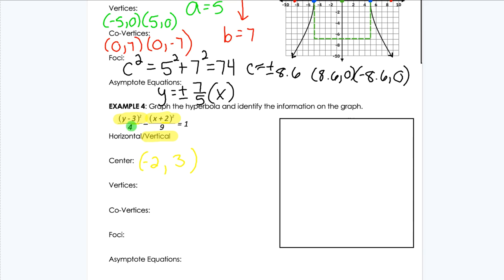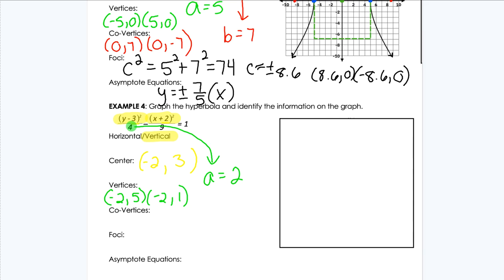To find my vertices, I'm going to use that 4. That 4 tells me that my a distance is going to be 2, because the square root of 4 is 2. And since it's vertically oriented, my vertices are 2 away from the center in the y direction. So they're at negative 2, 5, and negative 2, 1.